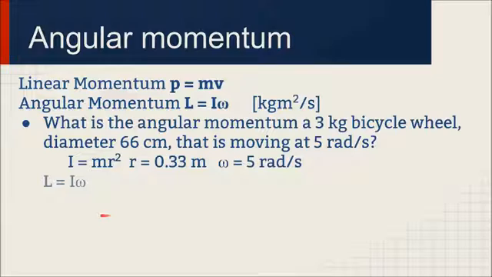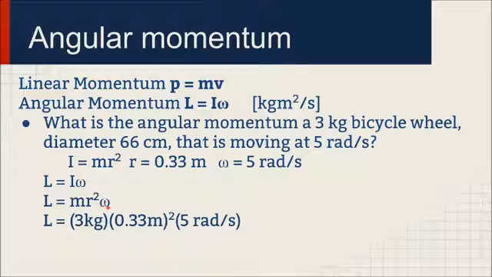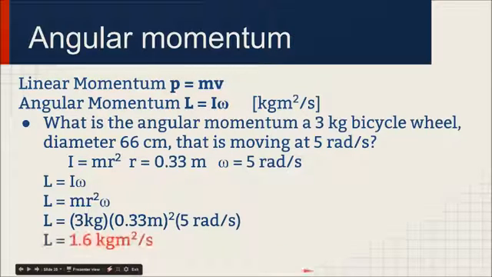So we can simply put L equals I omega, put in mr squared omega, and then put the numbers in: 3, 0.33 squared, and 5. So this calculation comes out pretty simple, 1.6 kilogram meter squared per second. Remember, the radian is not a unit, it's a label to indicate what type of angle it comes from.